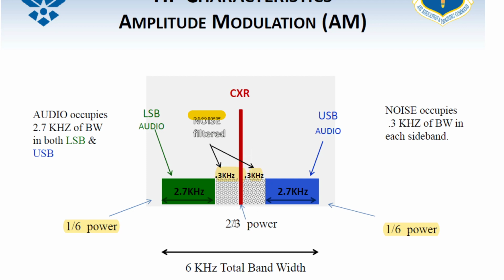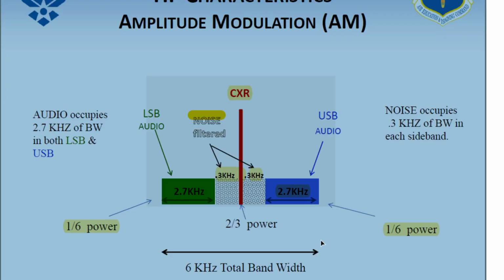And this takes up a total of 6 kilohertz bandwidth because you've got your 3 on each side plus your carrier. What does CXR stand for? Carrier. So the little red line in the middle is our carrier. Very cool. Why does it say 6 kilohertz of total bandwidth? So it says 6 kilohertz because you have 3 kilohertz on either side of your carrier, which are your sidebands, and we actually filter out 0.3 kilohertz, which is the noise.